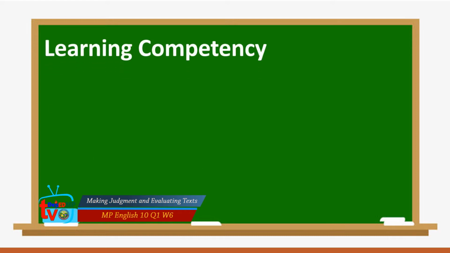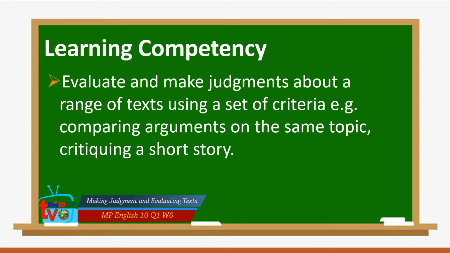Here is the learning competency for today's topic. Evaluate and make judgments about a range of texts using a set of criteria. For example, comparing arguments on the same topic, critiquing a short story, and others.